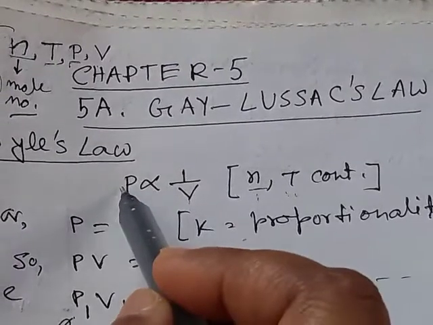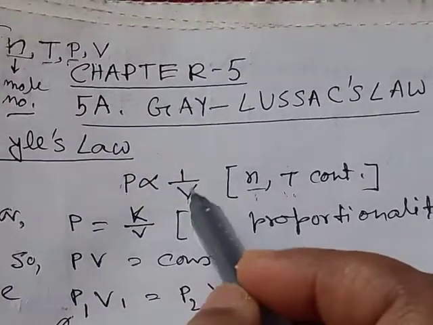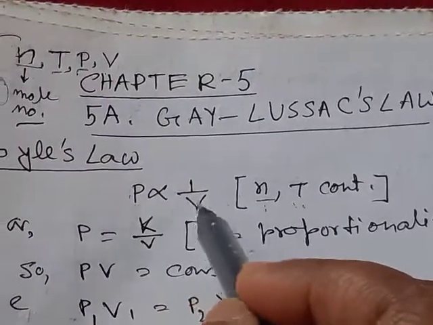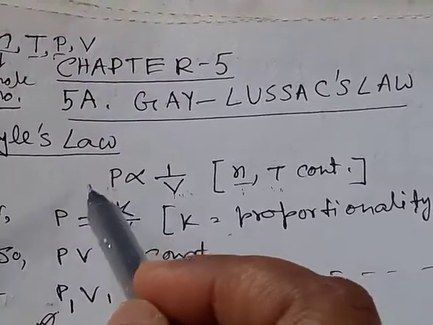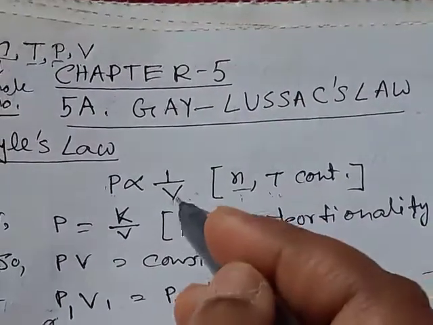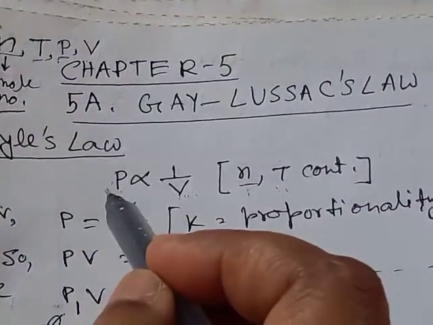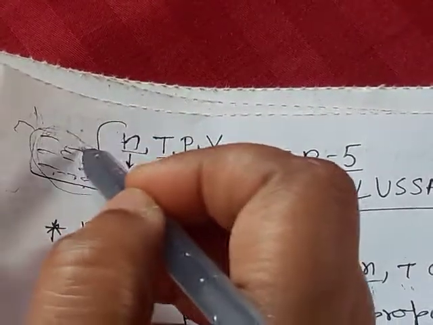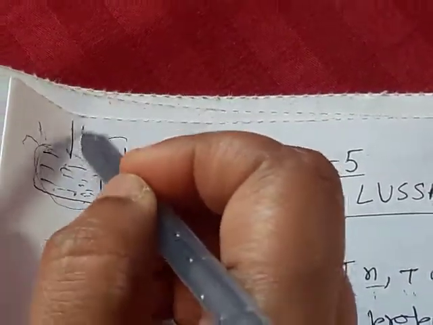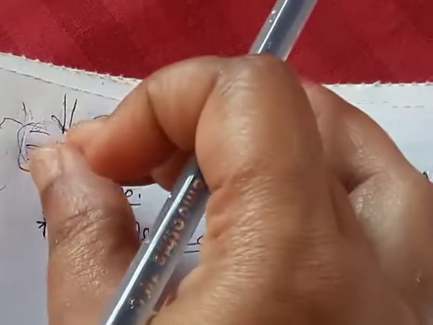That is, if we take pressure as P and volume as V, then P is inversely proportional to V. That means if we increase pressure on gas, then volume will decrease, or if we decrease pressure, then volume will increase. Say from the upper part, if we increase pressure, volume will decrease.